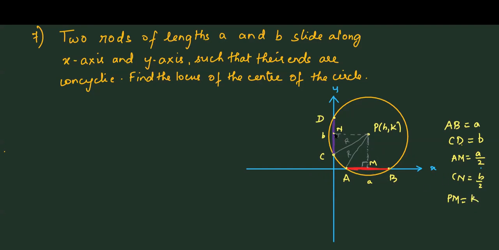And PN is h. This is h, this is k. So from the figure, AB is equal to a, CD is equal to b.